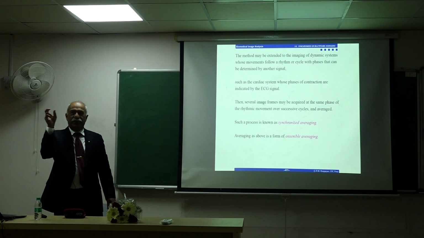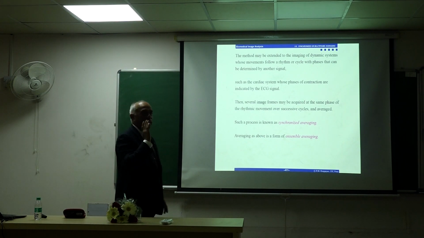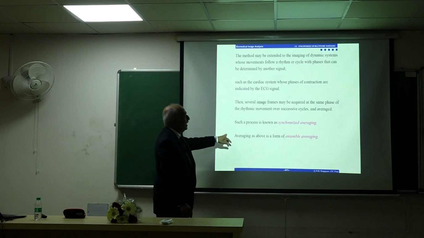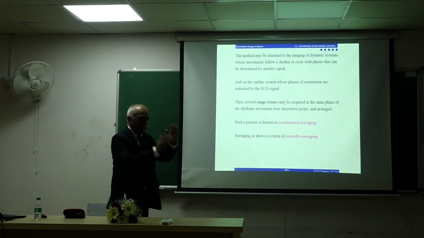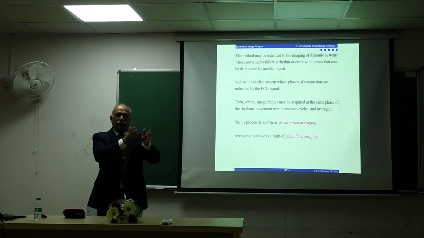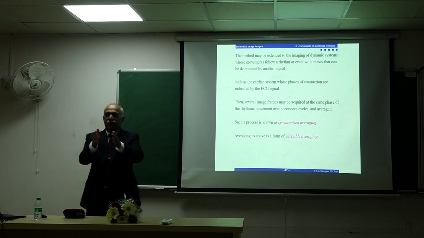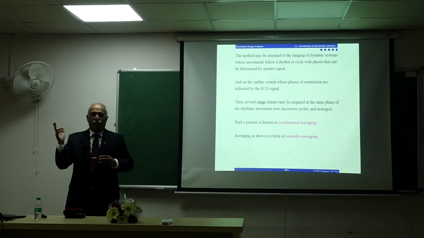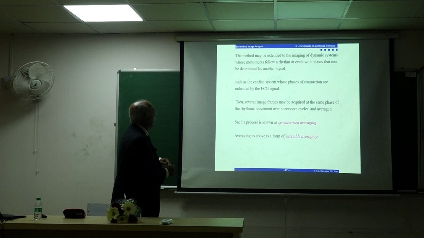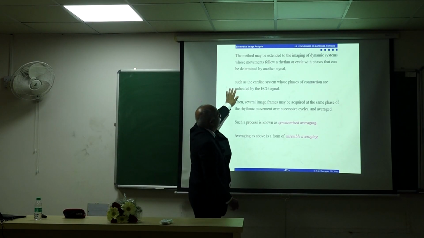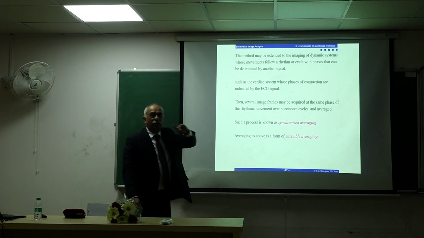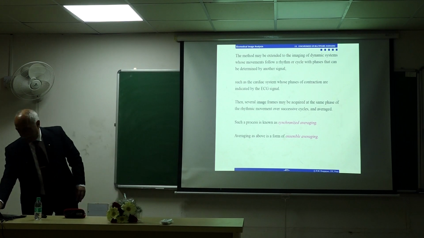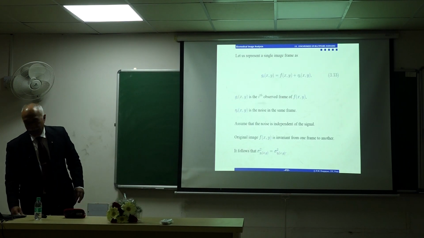And you take portions of the signal synchronized to that activity. So then it is synchronized averaging, and it is a kind of ensemble averaging. You're getting ensembles of images taken at a certain instant in a situation which is changing, but the same thing is happening repeatedly. So the cardiac system, whose phases of contraction are indicated by the ECG signal, facilitates such acquisition of images in nuclear medicine imaging.